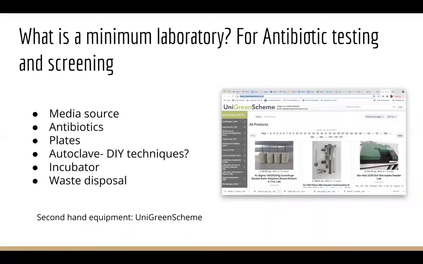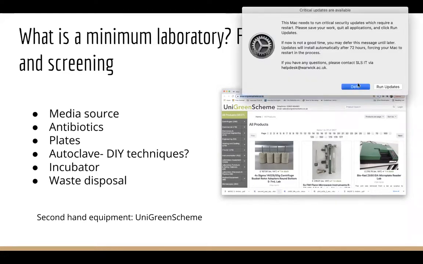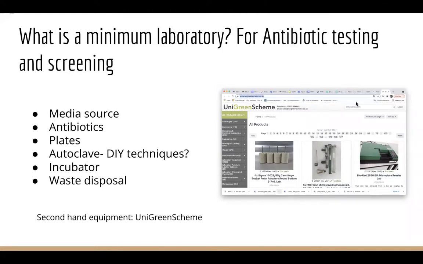I was looking at this website earlier, and I found an unbelievable £2 million microscope that they were selling for like £6,000, and the same again for much less expensive microscopes that would have been a few £1,000s that are now a couple hundred, which is really interesting. So check out Uni Green Scheme.